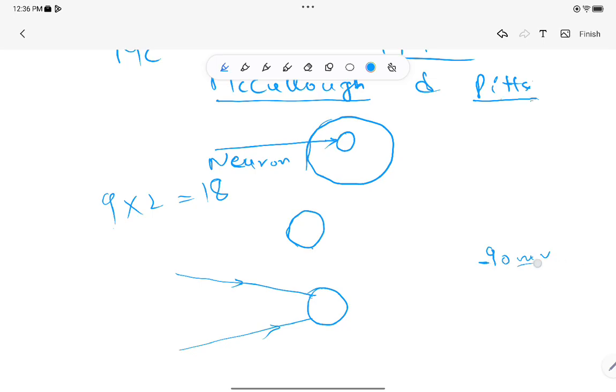Now, millivolt means 1,000th of a volt. Even your dry cell, the torch cell, or this remote cell, has a voltage of 1.5 volt. And this is something having a voltage which is 1,000th of that. You can yourself see how small this voltage is.